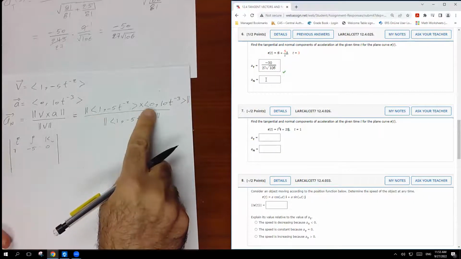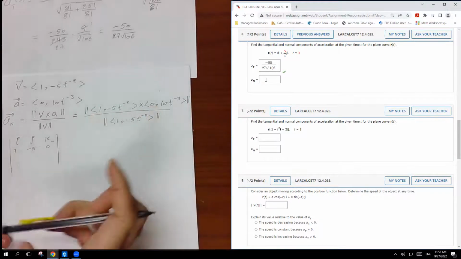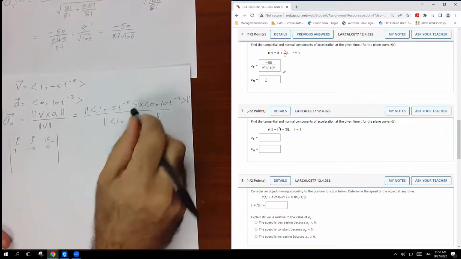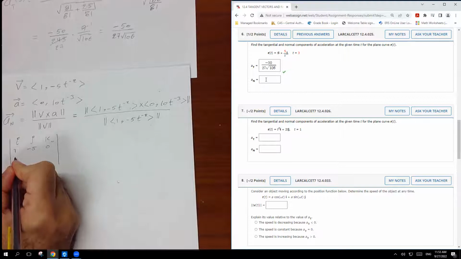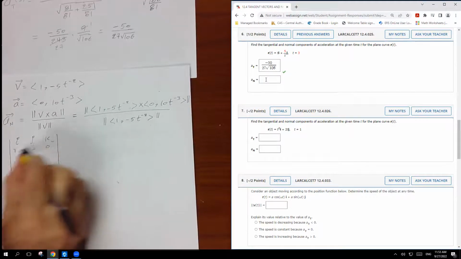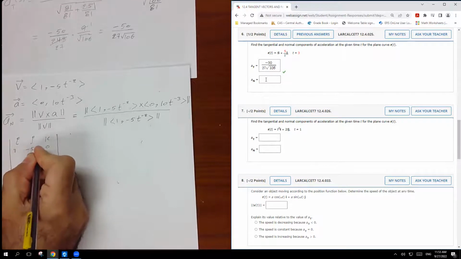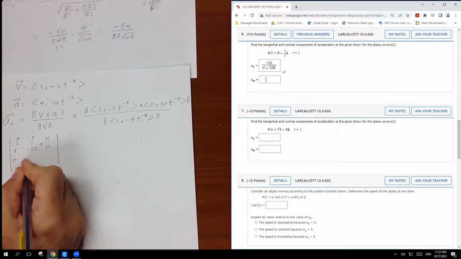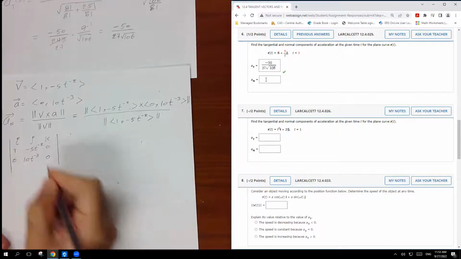Oh, I have to write down the T. 1, negative 5, T, negative 2, and 0. And here is 0, 10, T, negative 3, and 0.